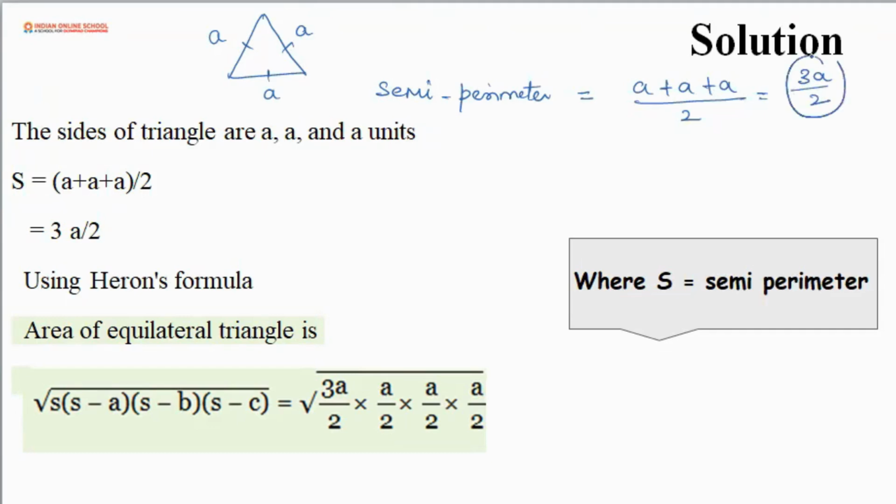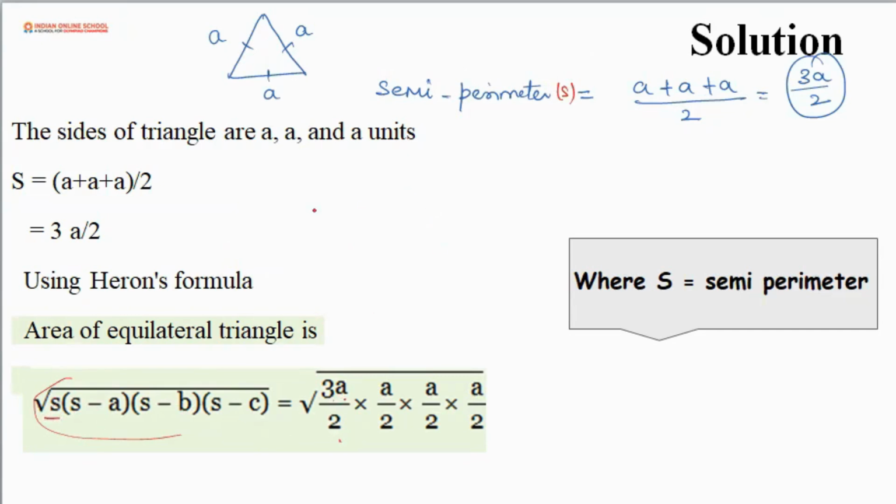That is the semi-perimeter of the triangle. After that, in Heron's formula, we have a formula to figure out the area of the triangle, which is this. This semi-perimeter is known as S. So the square root of S times S minus A, S minus B, S minus C is going to give us the area of the triangle.